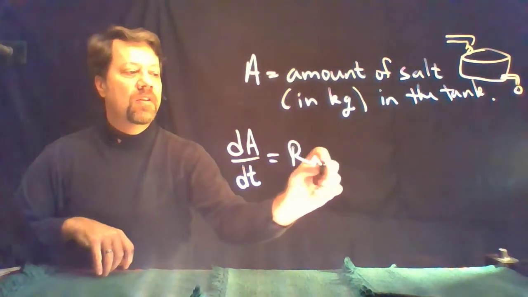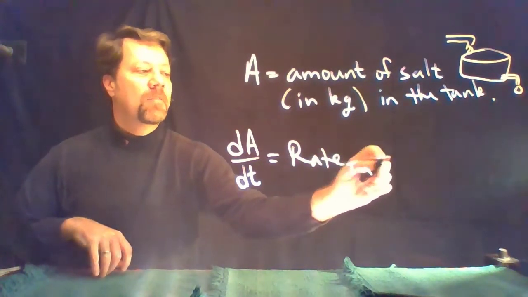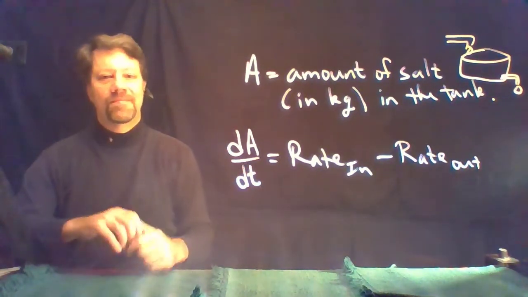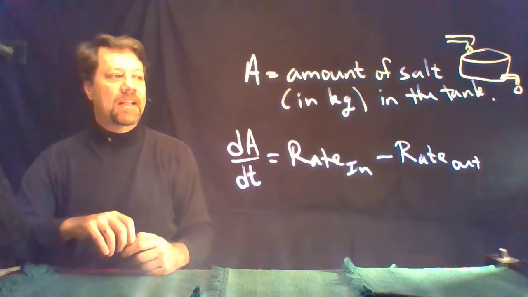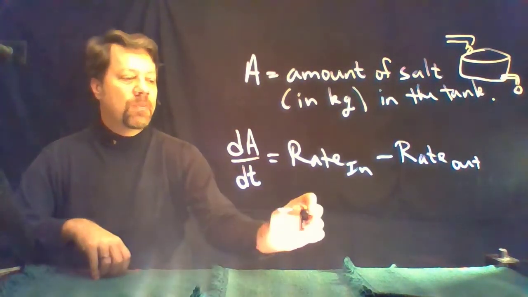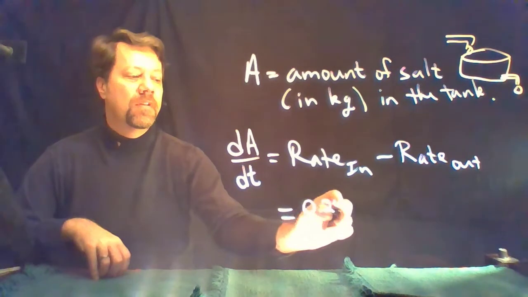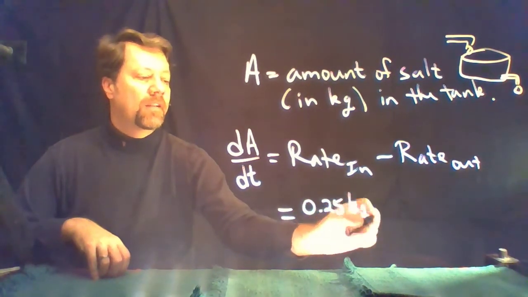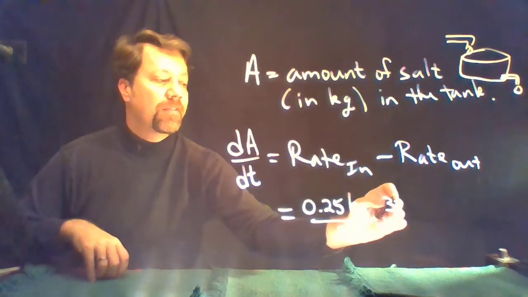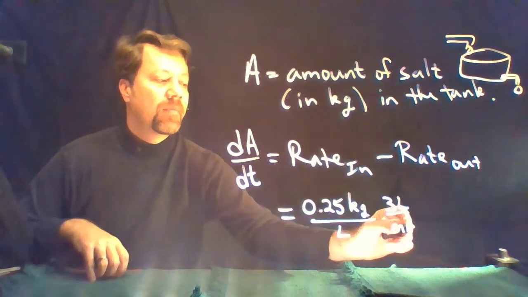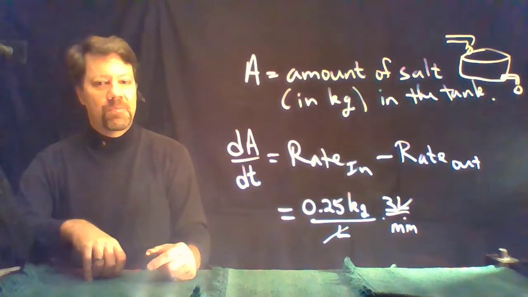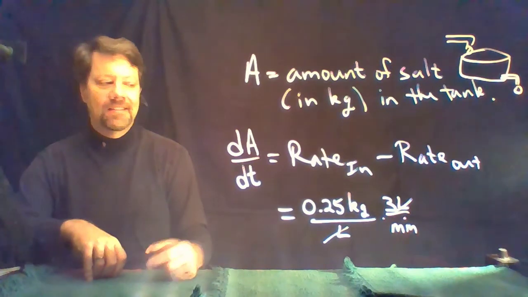So there's the rate in minus the rate out. The rate in is fairly easy to discern. We know that there's 0.25 kilograms per liter going in, and it's going in at a rate of 3 liters per minute. Liters cancels and we get the number of kilograms per minute entering the tank.